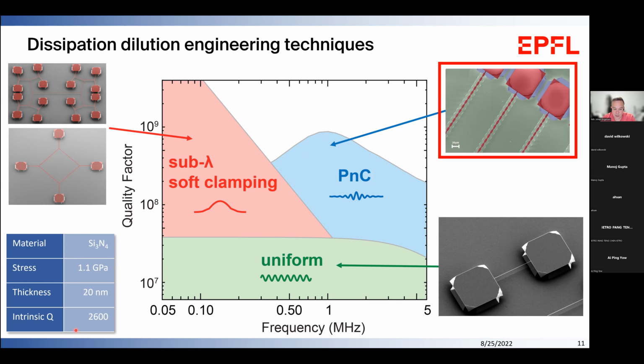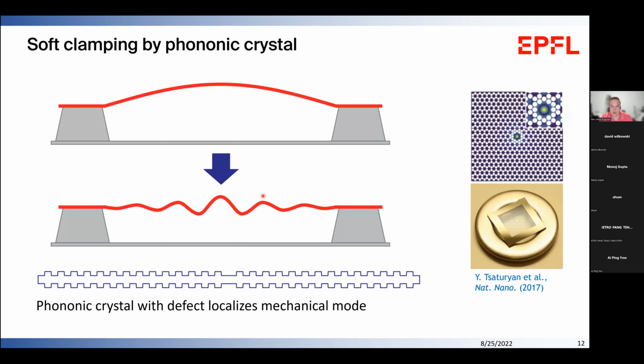An interesting aspect that you might note is that the intrinsic Q of silicon nitride of 20 nanometer thickness is only 2,600. But nevertheless, for the simple string structures, you can reach quality factors in the tens of millions. So even just the dissipation dilution effect itself with no fancy geometry gives you a very large enhancement of the quality factor. So how does this phononic crystal work?